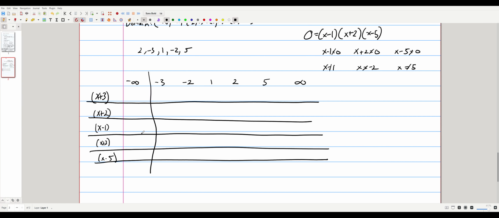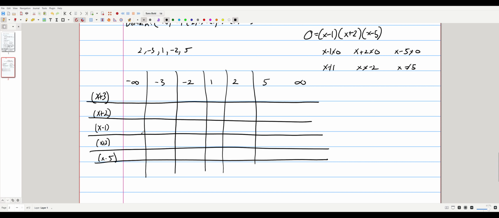And then what we're going to do is put some vertical lines here. Okay. And so what you're going to do at this point is, I suppose these ones aren't necessary.